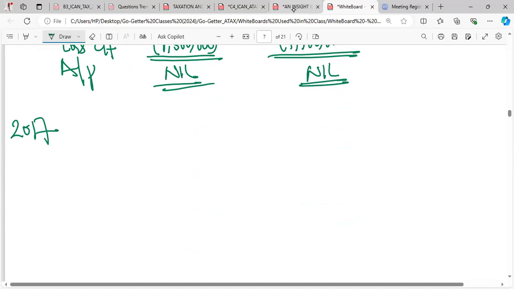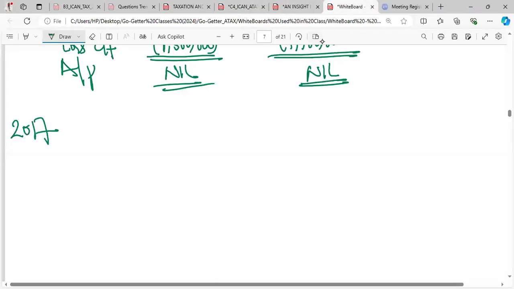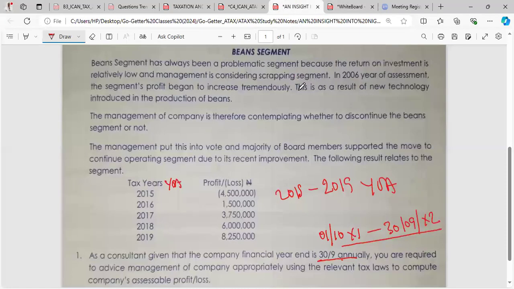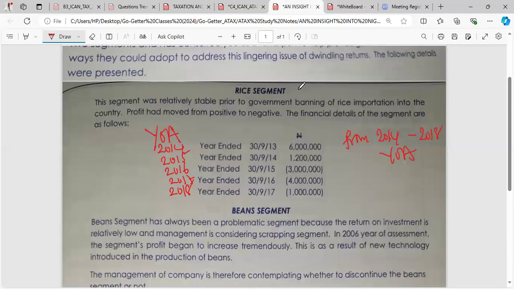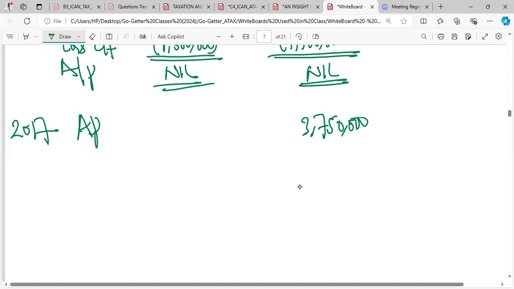2017. Beans made a profit of 3,750. So let me just write it now. Accessible profit, beans made 3,750. Rice made how much? Rice made a loss, 4 million. So dash.